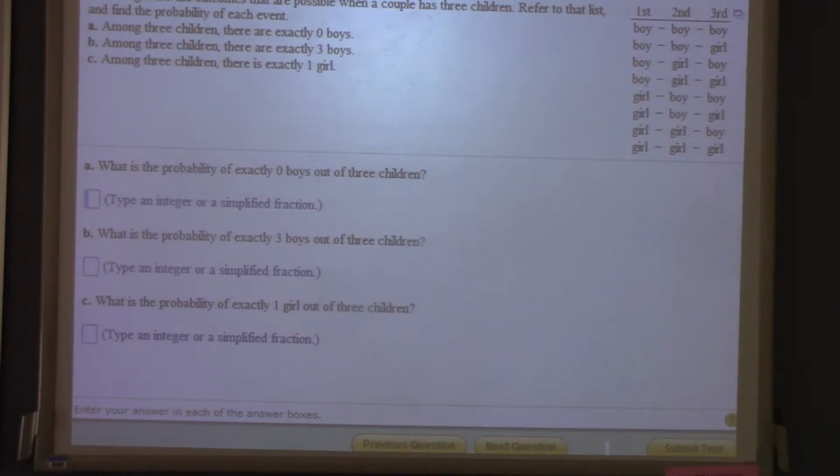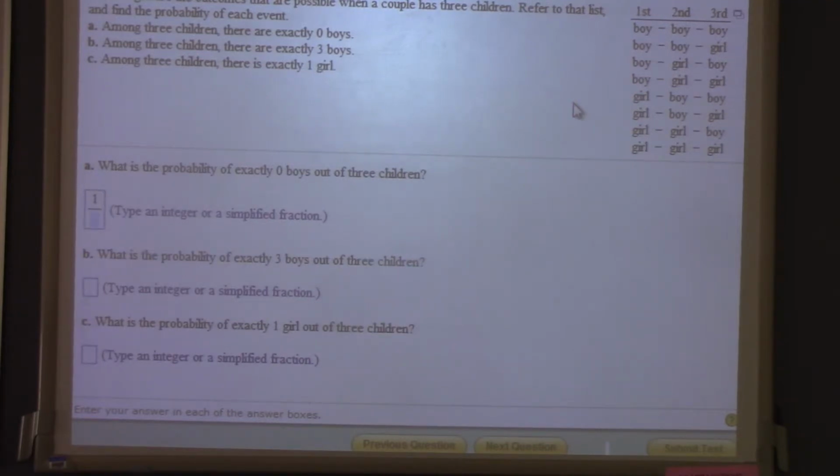I don't understand how you can get 0 boys out of this chart. That's probably the same person that can't make the change with your 6 cent at the cash register. All right, so which one is 0 boys? Girl, girl, girl. Good job. And that would be 1/8.